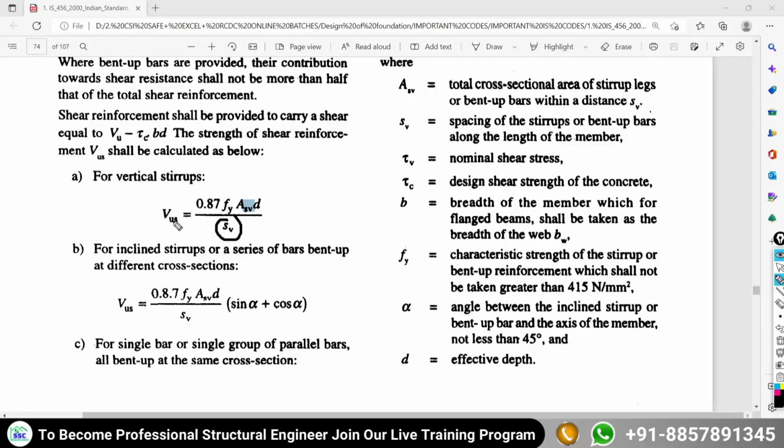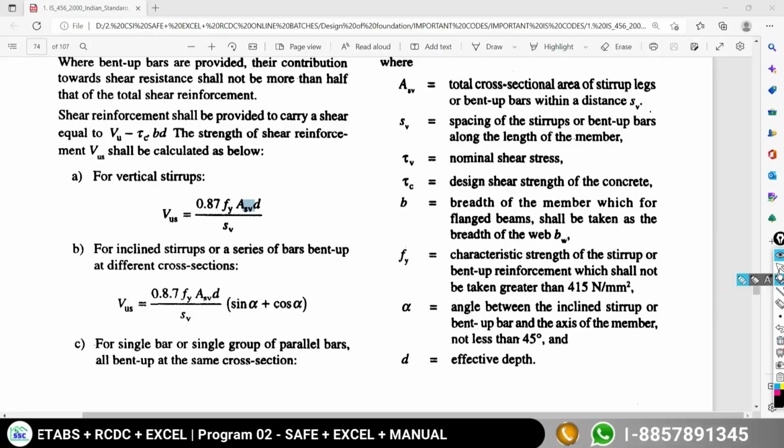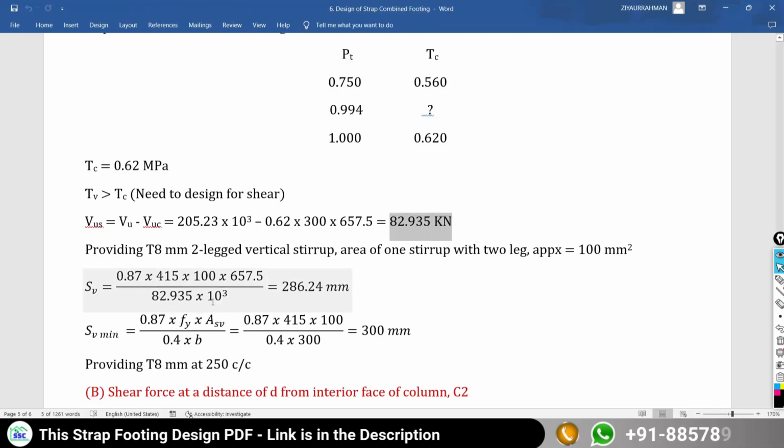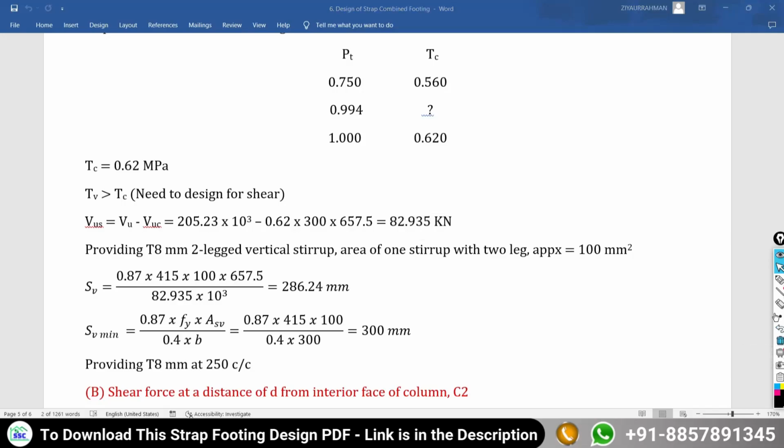Since we want to calculate the spacing, we take it on this side, and we get the final formula: 0.87 times 415 times 100 mm square times the effective depth, divided by the shear force to be resisted by the shear reinforcement. So we get the spacing to be provided for the shear reinforcement as 286.24 mm.